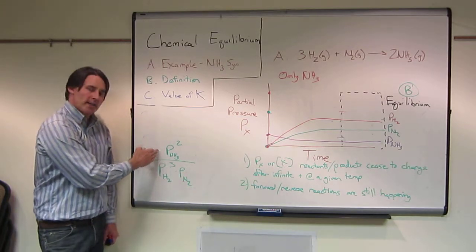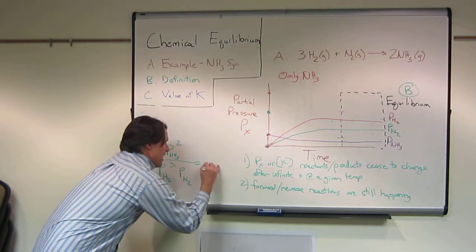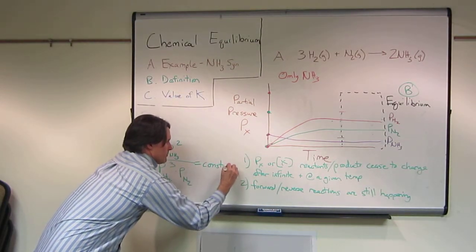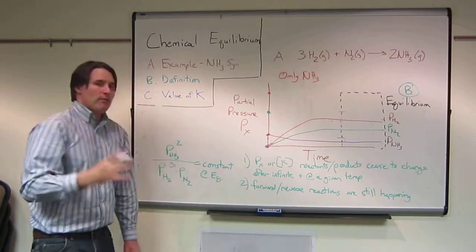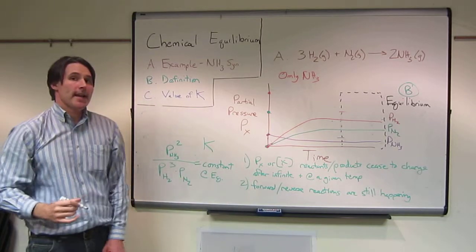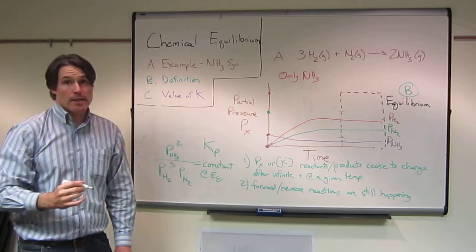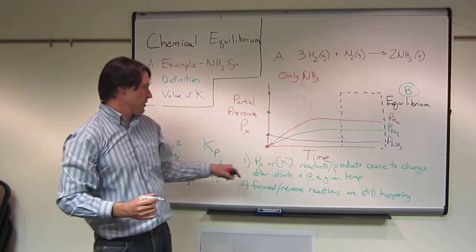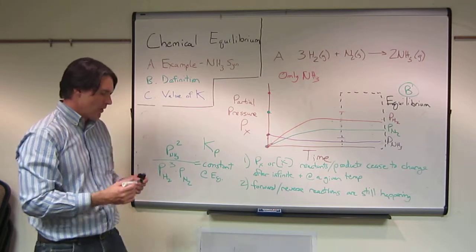This ratio of products to reactants raised to the powers from the balanced equation is constant at equilibrium. And we represent this with the letter K. And in this case, because we're dealing with partial pressures, we call it K sub P. If we were dealing with concentrations, then this would be K sub C. We'd have concentration terms in this ratio.